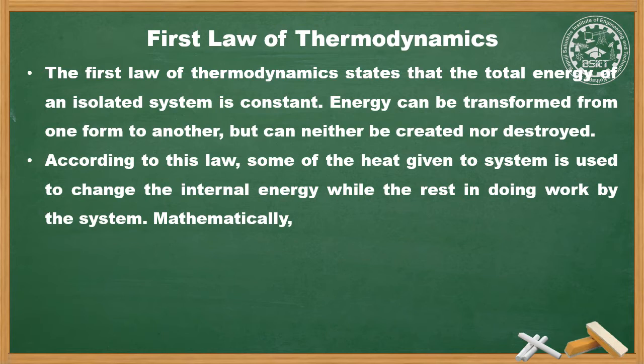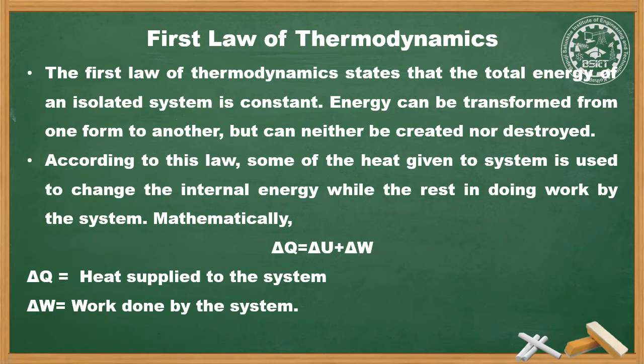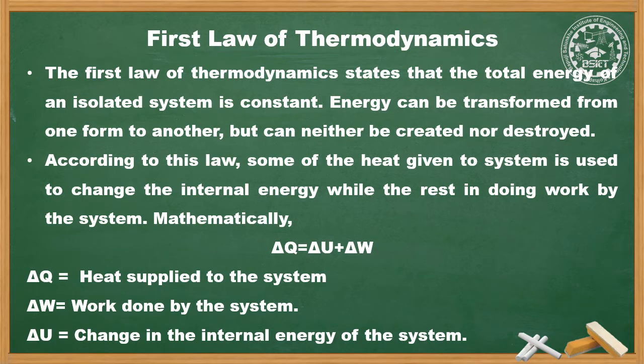The net energy transferred is stored within the system and is known as stored energy or total energy, mathematically given as delta Q is equal to delta U plus delta W, where delta Q is heat supplied to the system, delta W is the work done by the system, and delta U is the change in internal energy of the system.